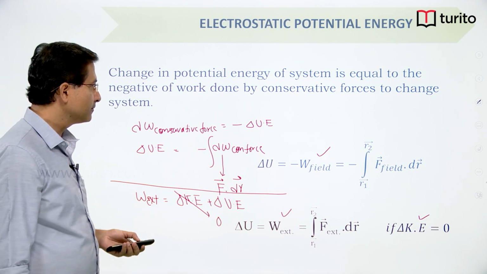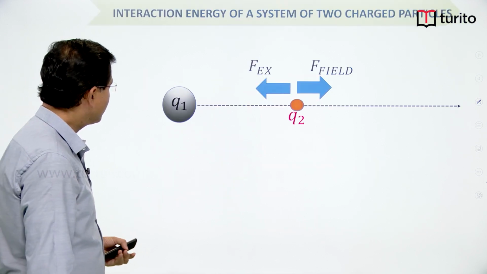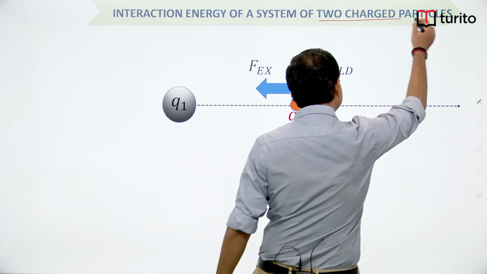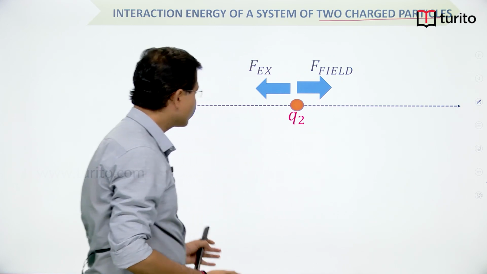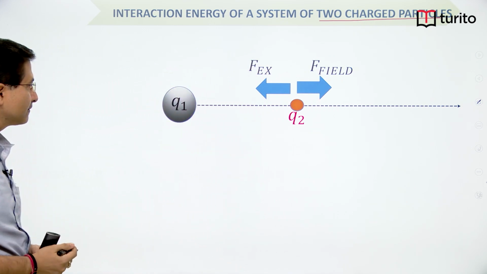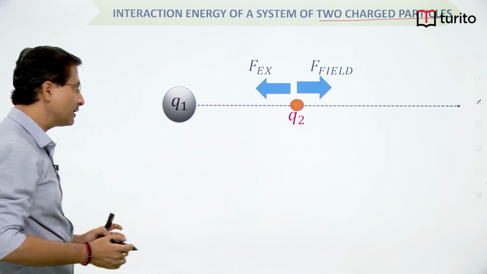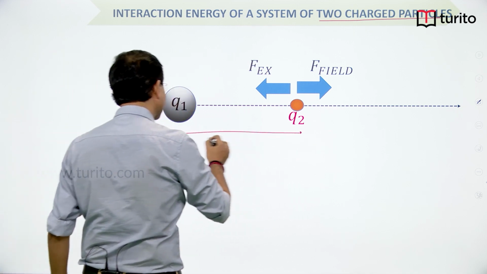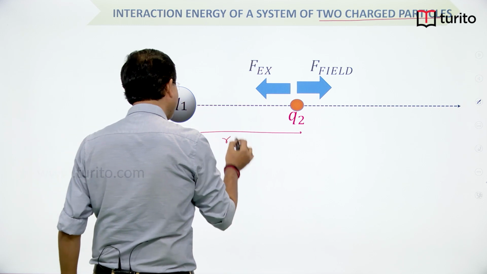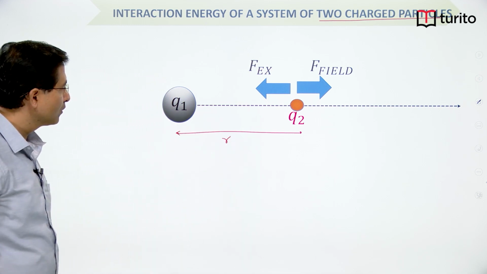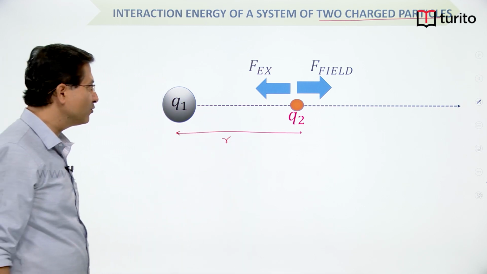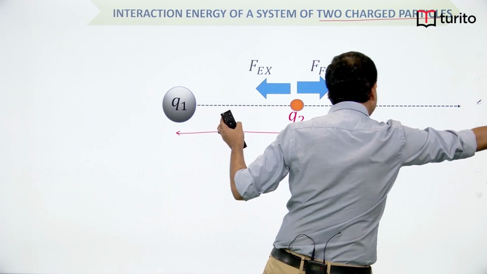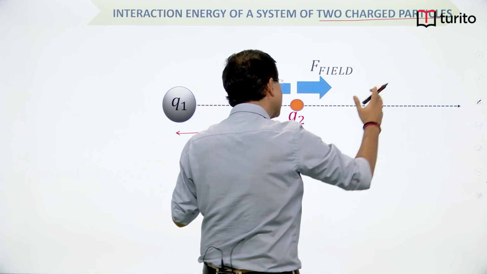Now let us see. If I take a two charged particle system, here our system is the two charged particle system and I want to find out the potential energy associated. So what is the potential energy associated when right now this distance is say r? I can move this particle from here to infinity, or from infinity to this point, to get the change.